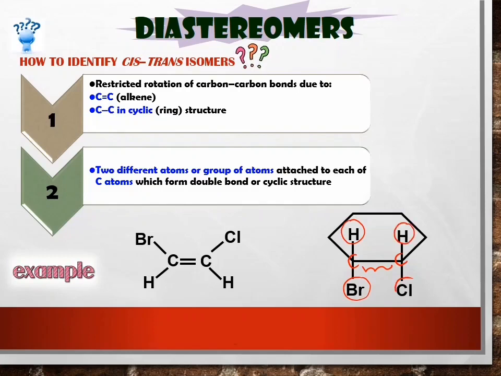And this carbon is bonded to 1 hydrogen and 1 chlorine atom. So this compound also fulfills the criteria of a cis-trans isomer. Both compounds here can form cis-trans isomers.